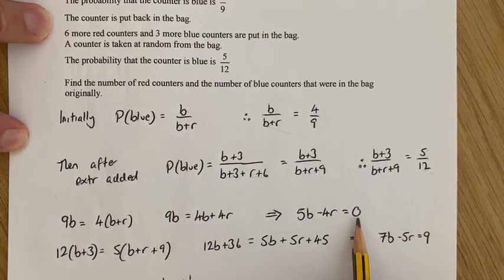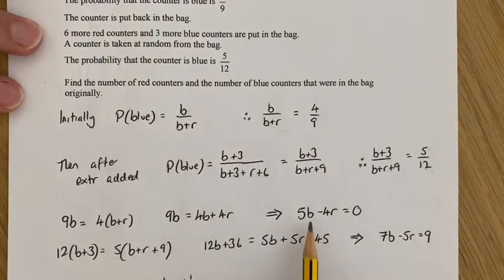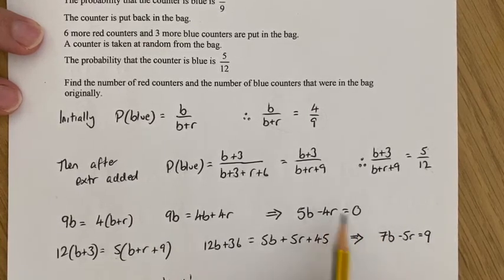This time there was no constant term in the first equation, so that's why we had 0, and this time we got 9. Now if I've got 5B minus 4R equals 0 and 7B minus 5R equals 9, that should be beginning to ring a bell here.